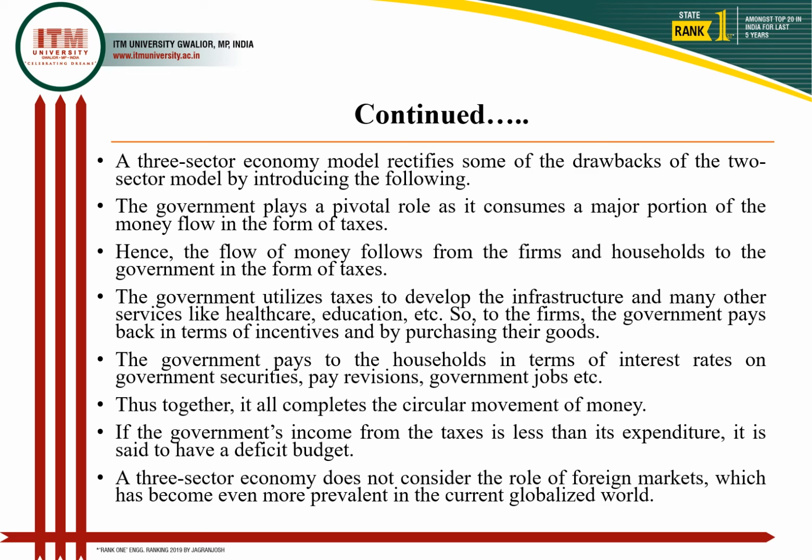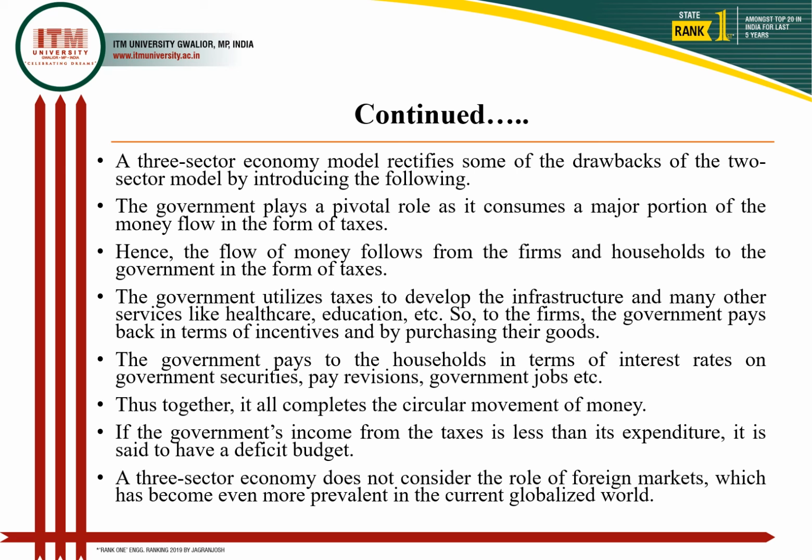There is one drawback of the three-sector economy, that it does not consider the role of the foreign market, which is most important in this situation of globalization, as there is a direct influence of the foreign market on the economy.